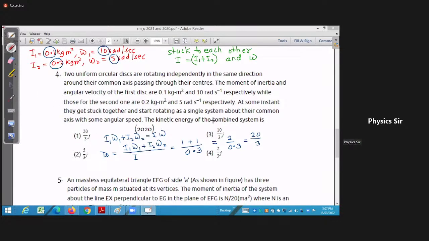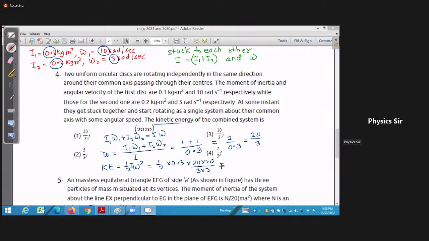And now what do I have to calculate? They are asking for the kinetic energy. So what is the formula for the kinetic energy for the rotational motion? This is half I omega square. So this will be half into I, where I is 0.3, and omega square is 20 into 20 divided by 3 into 3.